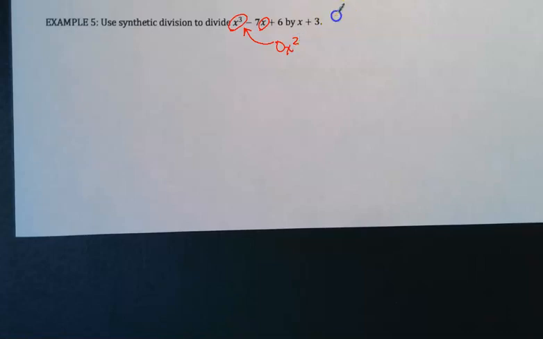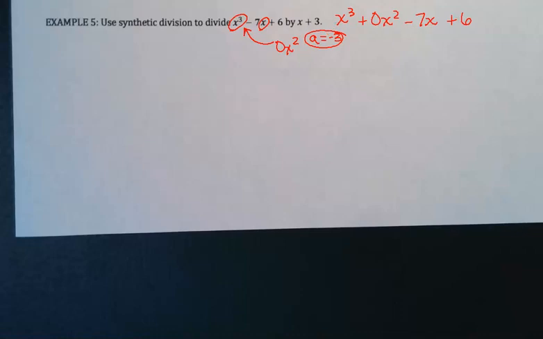So that would be x cubed plus 0 x squared minus 7x plus 6 that we're dividing by x plus 3. Okay, so if we look at our divisor here, what's our a value going to be? All right, good. It would be negative 3, so we need to use that.